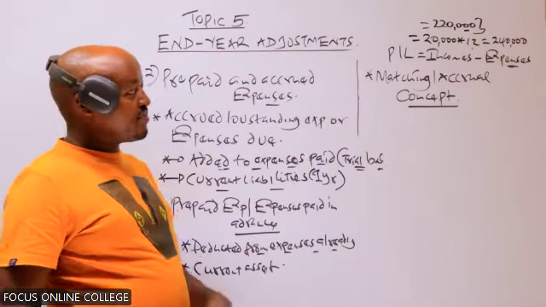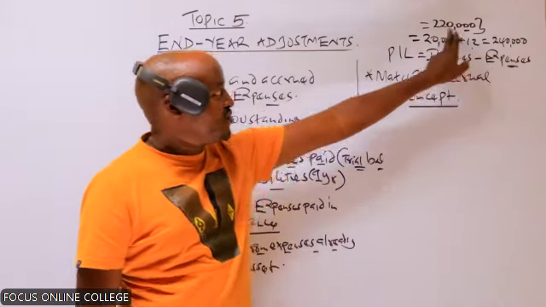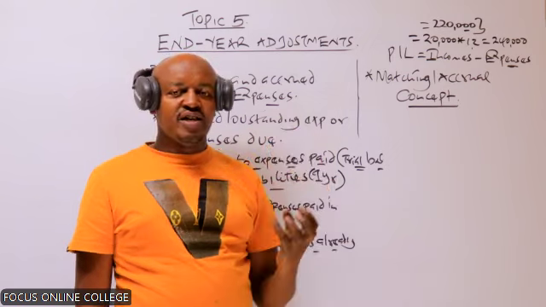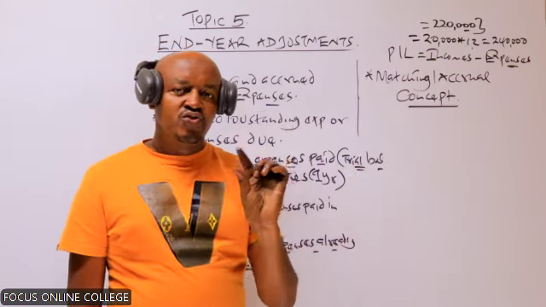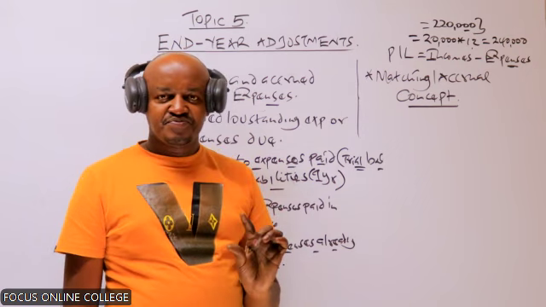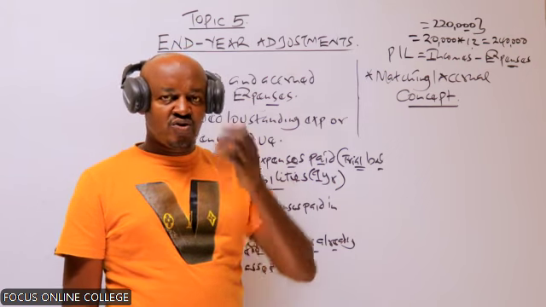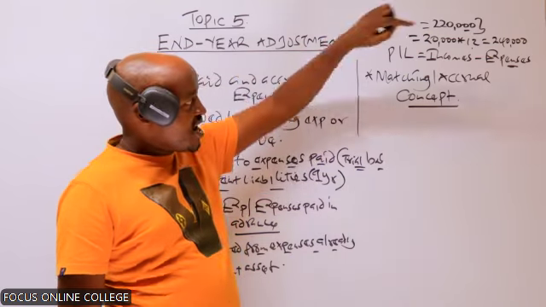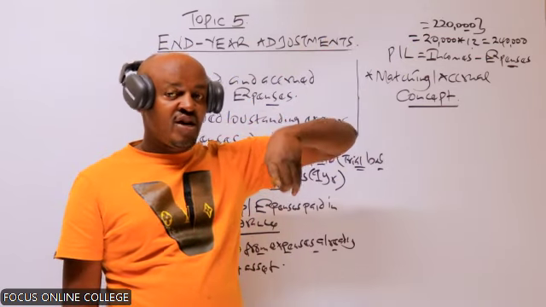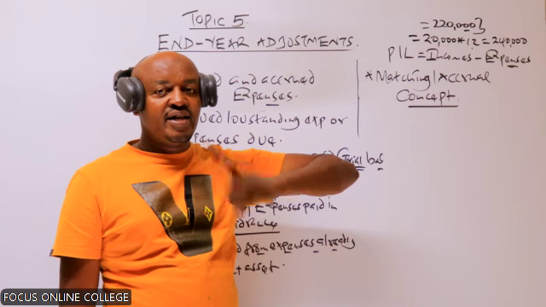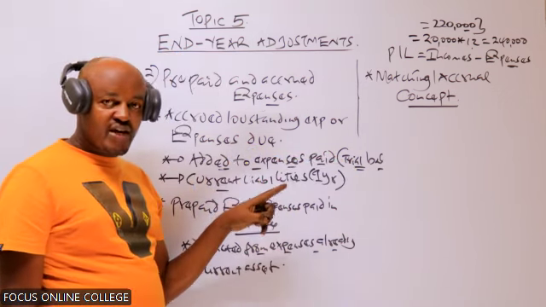Whenever you're computing the profit or loss for that year, do you use 240,000? Do you use 220,000? According to this concept, the accrual or matching concept, you use the expenses for that year, whether they have been paid or not. So in this case, there is rent which has not been paid for 1 month. That rent which has not been paid for 1 month is what you refer to as the accrued expense.